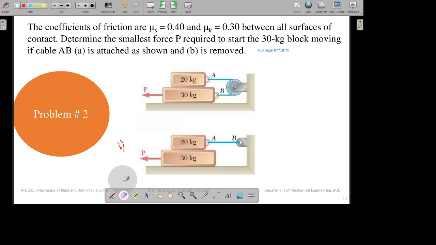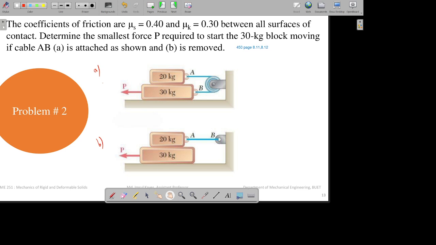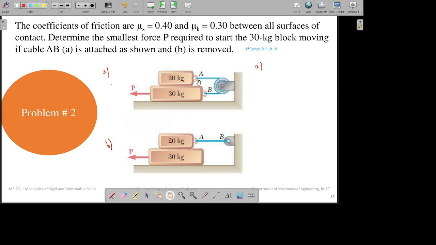So let's solve. Okay, let's not erase it. Let's solve first for question number A. You have to find out the smallest value of P to start the 30 kg block moving. So now for the first figure, let's try to imagine the FBD, free body diagram, for the 20 kg mass.